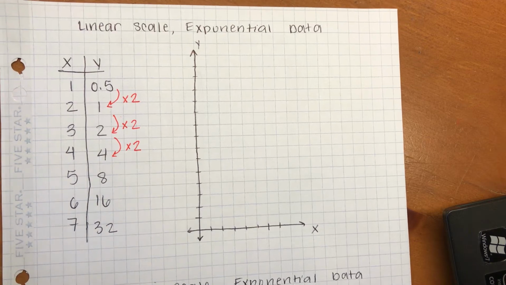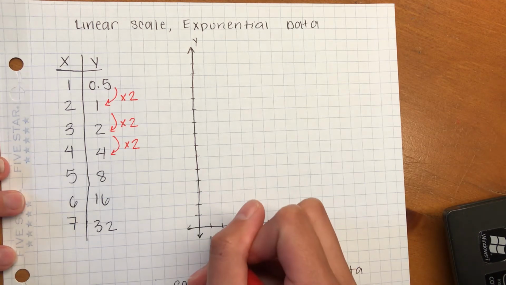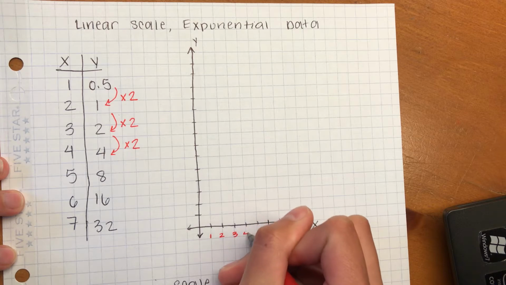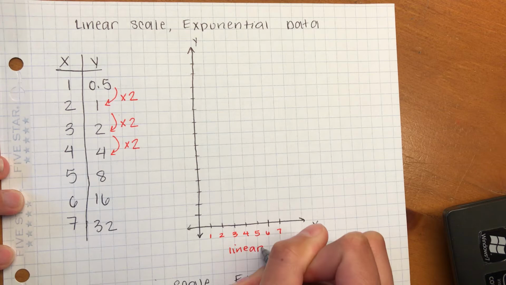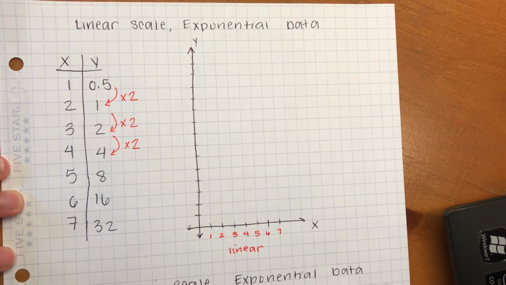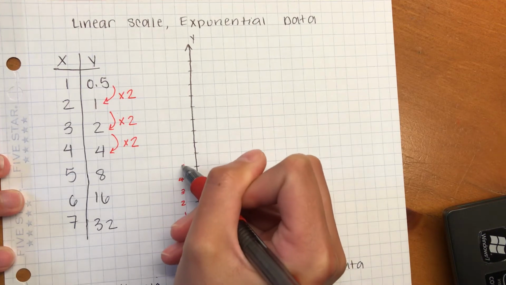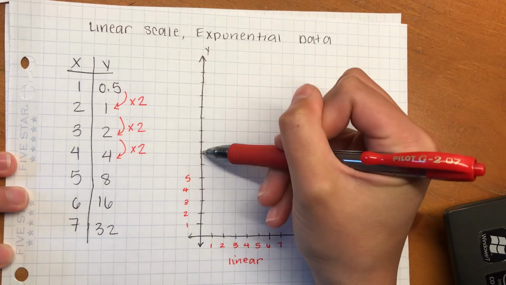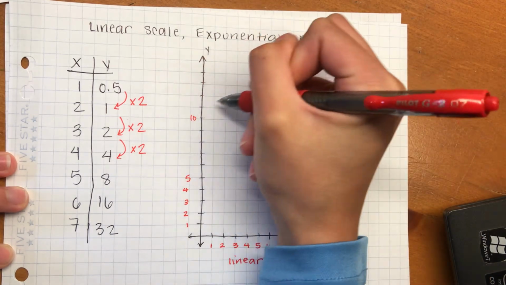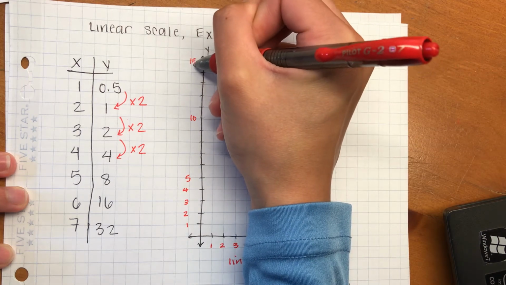So first I'm going to label my axes, because I've got these tick marks, but I don't really know what they are yet. I'm going to label them 1, 2, 3, 4, 5, 6, 7. This is linear because I'm simply adding each time. Same thing on this side. I'm going to go 1, 2, 3, 4, 5, and if I kept going, it would be 6, 7, 8, 9, 10, and I'm going to mark the 15.